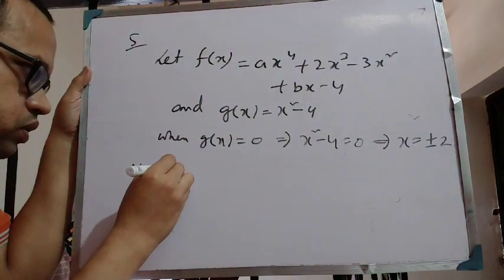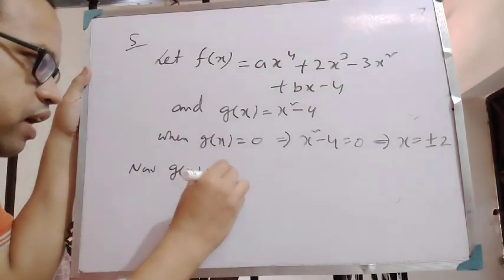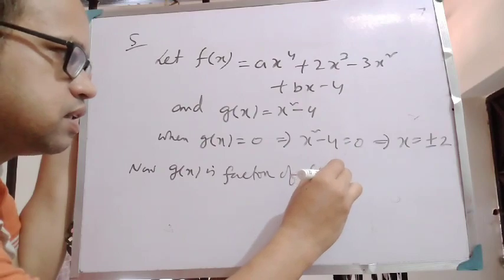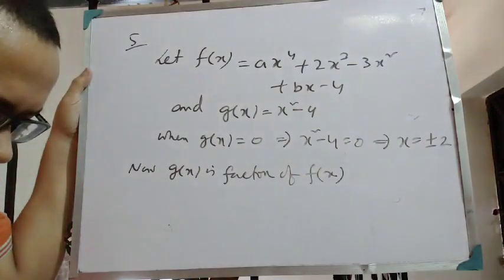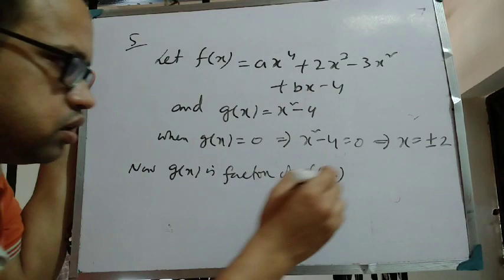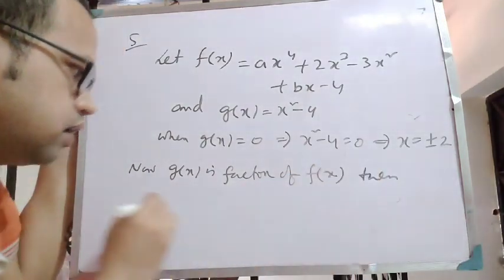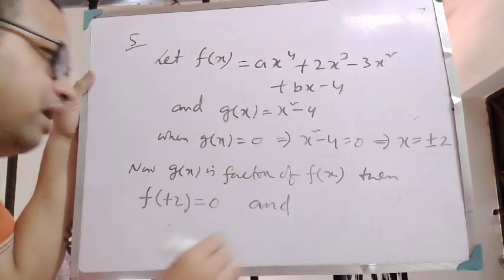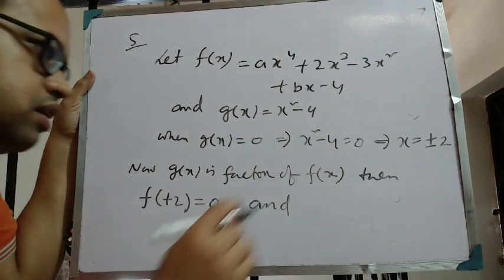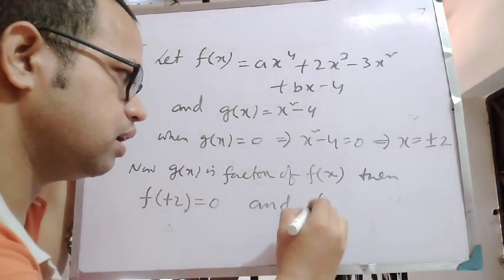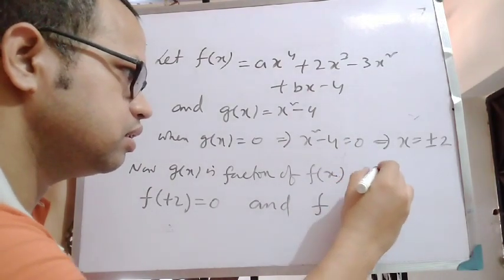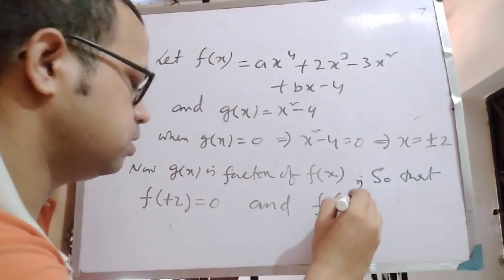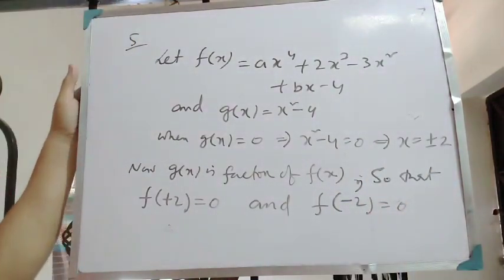Now g(x) is a factor of f(x), then f(2) equals 0, and so f(-2) equals 0.